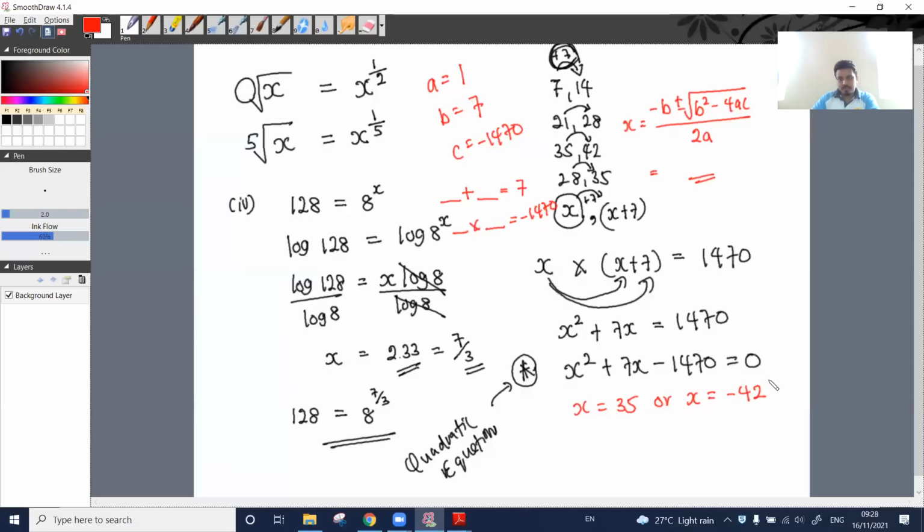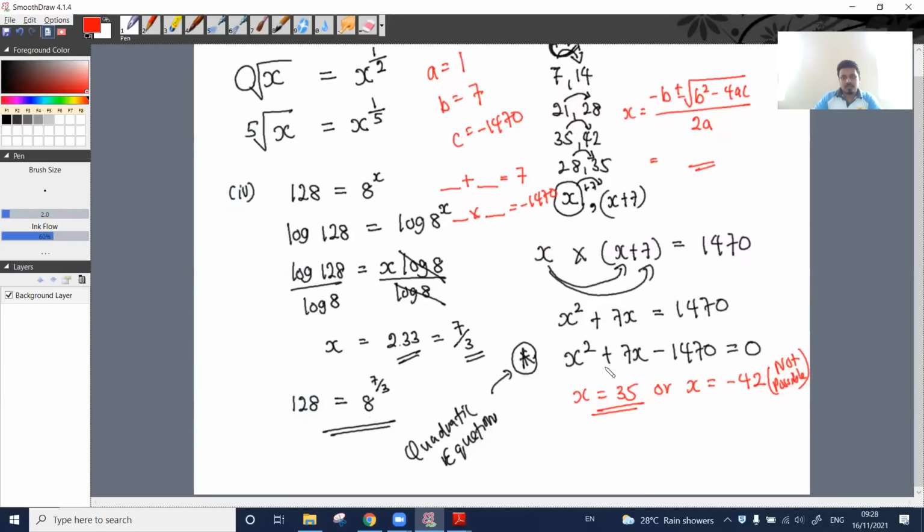So we need to get the multiples of 7. Therefore, this minus value is not possible. So the answer should be 35. We need to get both numbers.